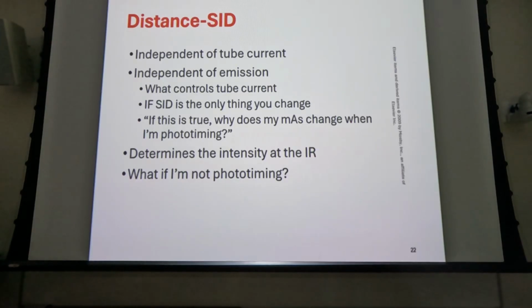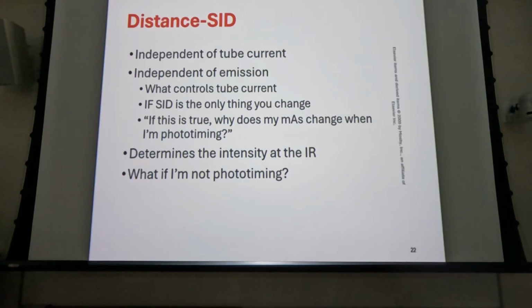So distance, we ran through the scenarios that make the statement that it's independent of tube current true, and that is if nothing else changes. And remember, each one of these, we start off with: if you change nothing else, this is what happens. If you change mA all by itself, image receptor exposure goes up, patient exposure goes up.